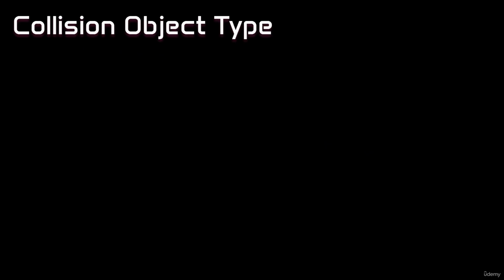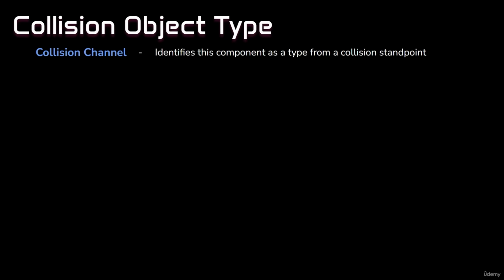The next collision setting is the collision object type. This is a collision channel that represents the type of object from a collision standpoint. Unreal Engine has two different types of collision channels, trace channels and object channels. Trace channels are meant to be used with traces, like line traces and shape sweeps, and object channels are meant to be used with objects.